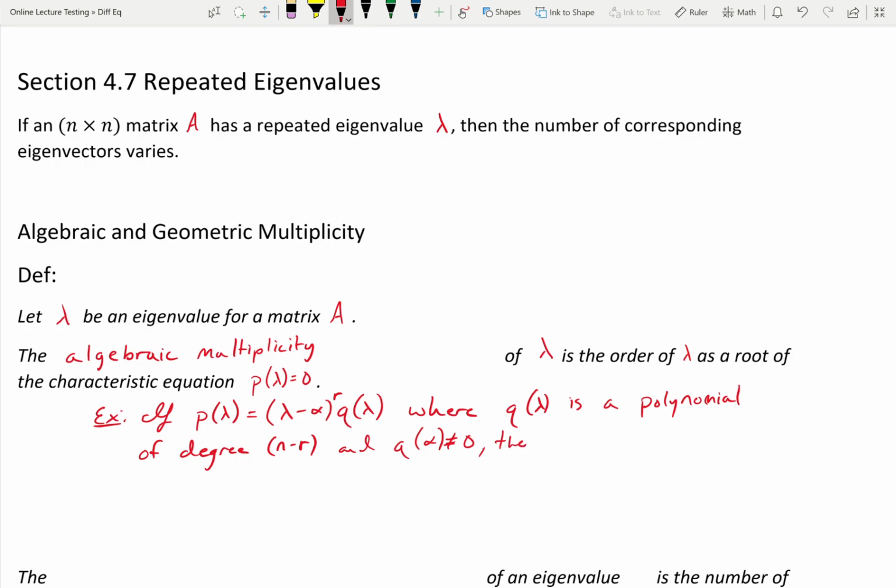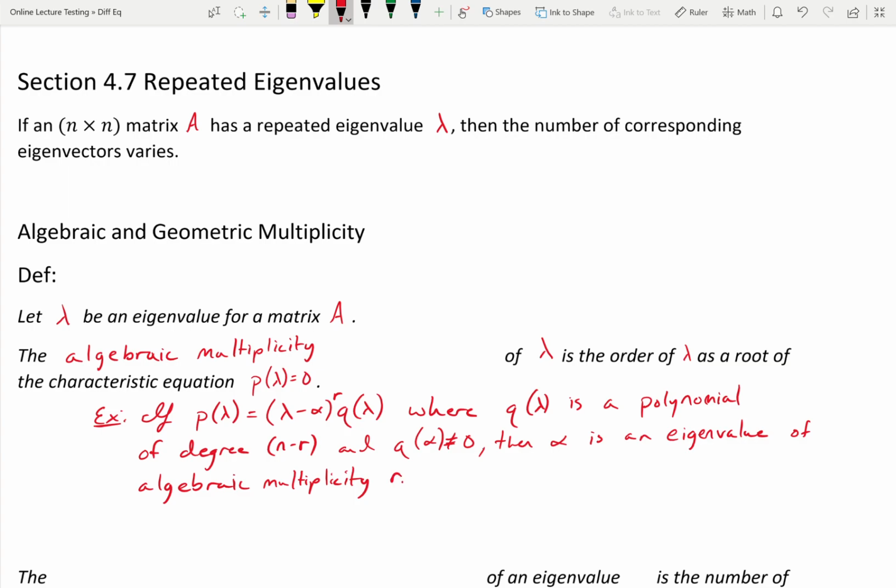Then alpha is an eigenvalue, because again it's coming from our characteristic equation, of algebraic multiplicity r. What it's saying is how many times this has been repeated.